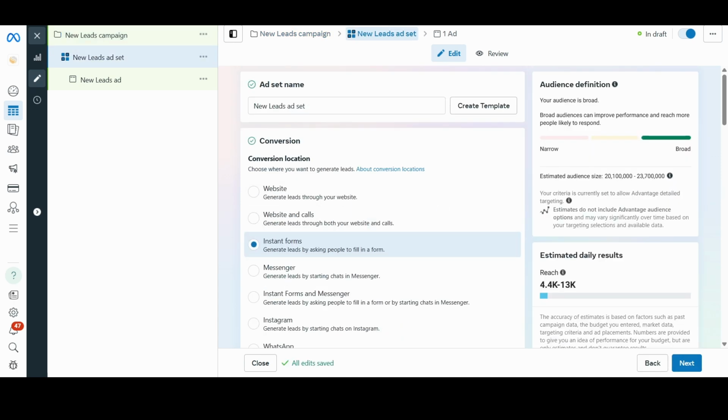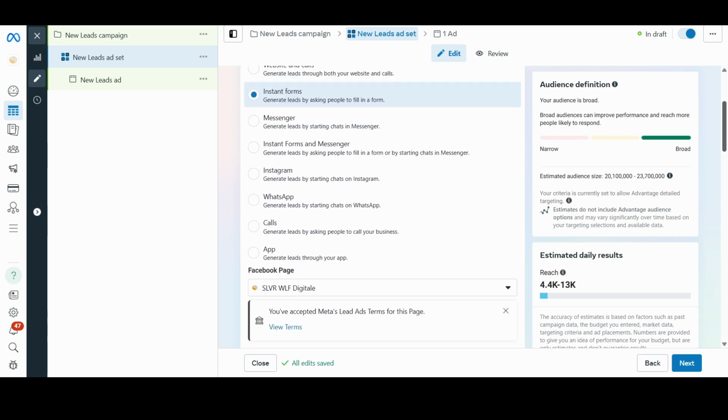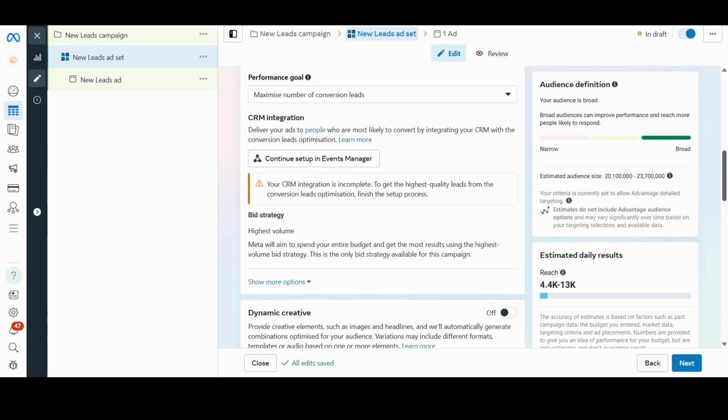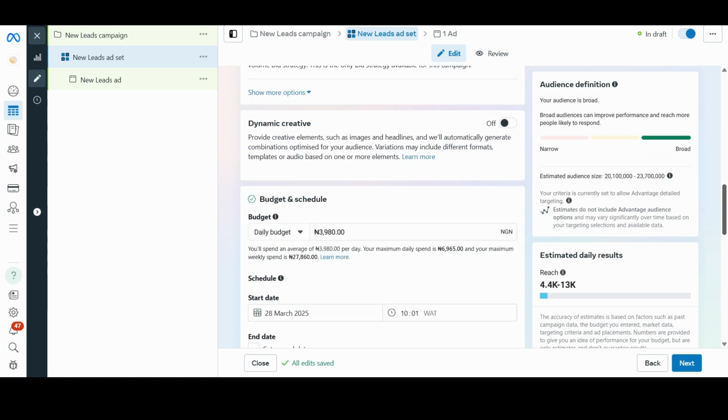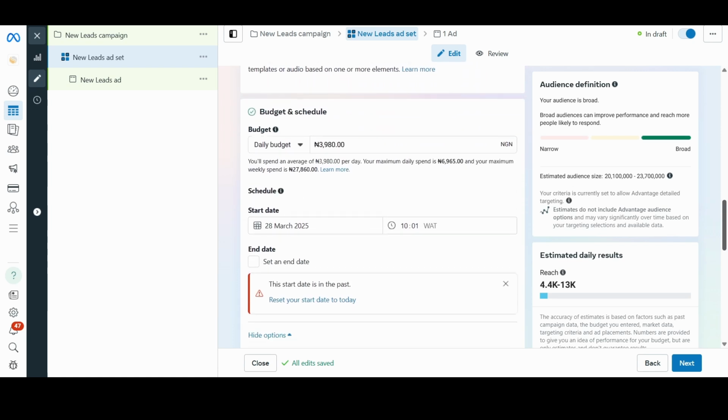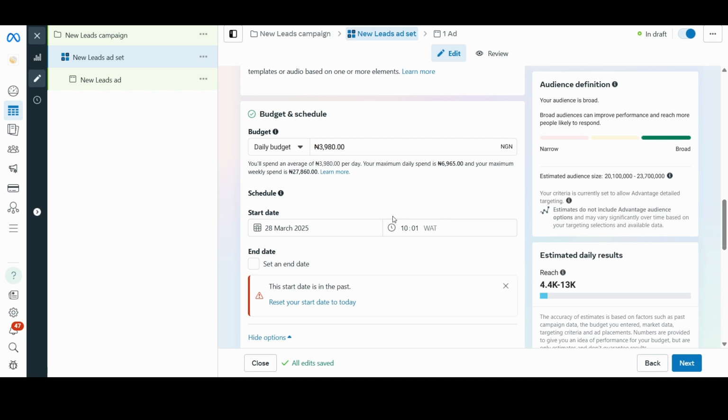So here we are back at the ad set level, and because we've turned off the budget at the CBO level, we can now set our budget here. And what's the advantage and disadvantage of each type of budgeting, at the campaign level or at the ad set level?